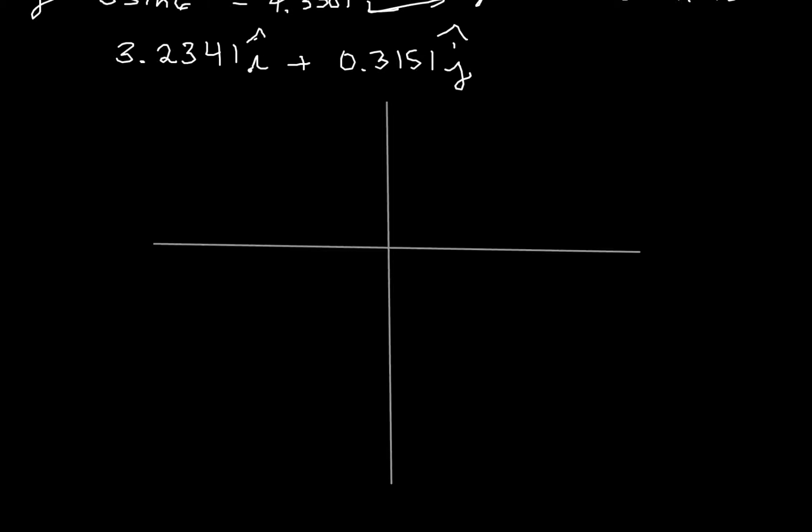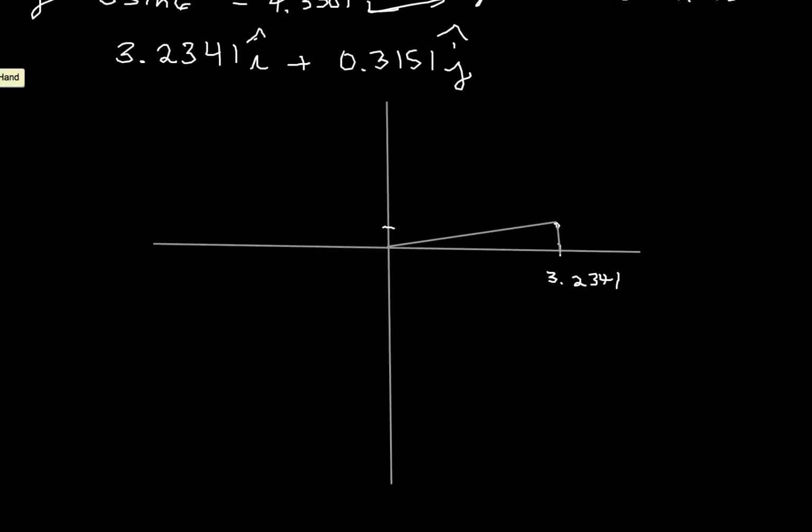This is the number that we're going to go right, 3.2341, and we're going to go up just a little bit, so it's a smaller number. We're going to plot a point right there, and connect it and make ourselves a triangle. You can see it's going to be a narrow angle. I'm a little bit better with these tools than writing on the whiteboard.